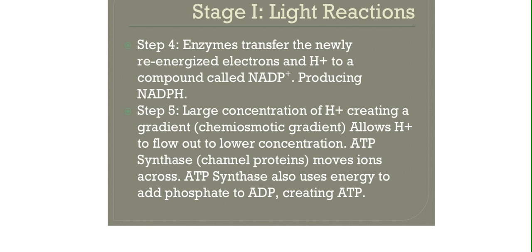So you go from a high to a low concentration. We've created this gradient that the H pluses can now flow through. This allows hydrogen to flow out to a lower concentration. ATP synthase, which is a special channel protein, moves those hydrogen ions across. So they're going from the inside of the thylakoid outside to the stroma.